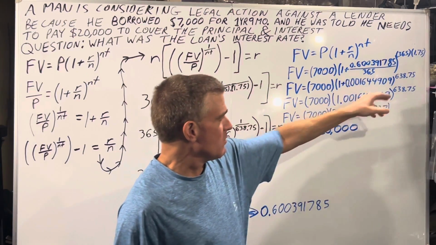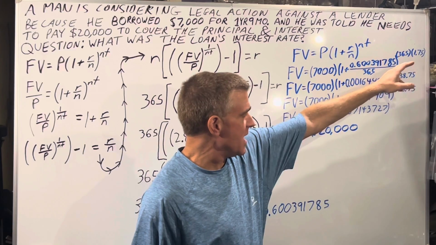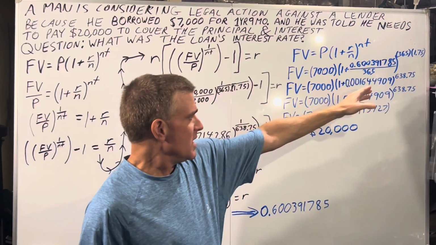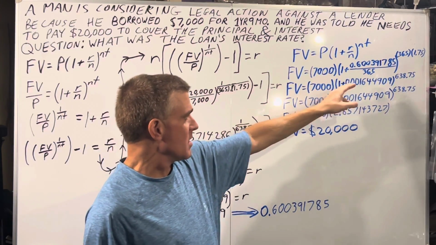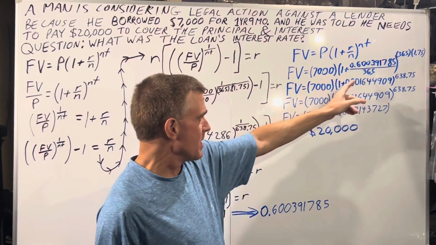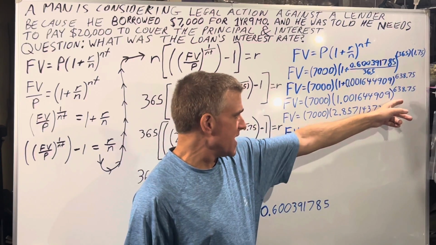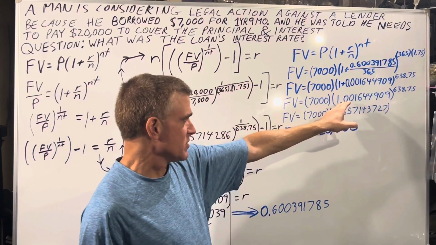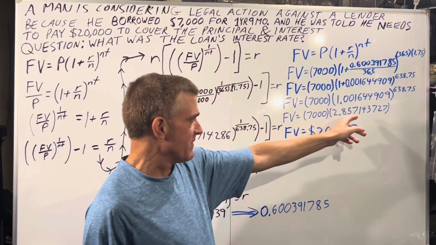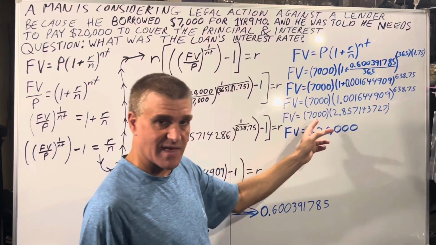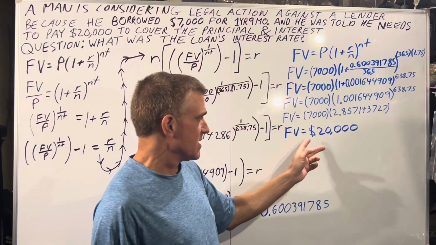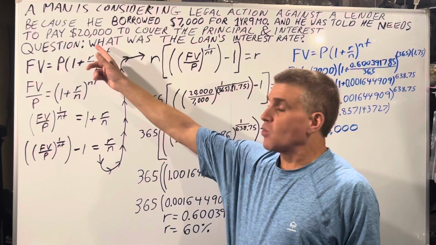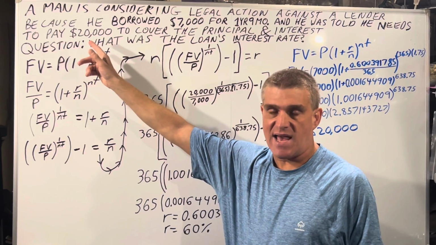And so then we multiply this and we get 638.75. If you do the math here, divide that, you get that number, then add 1. That's still the exponent, so then you apply the exponent to this 1.001, you get 2.85 and change, then times 7,000, and it's correct. The future value is $20,000, which matches what the question gave us as the figure.